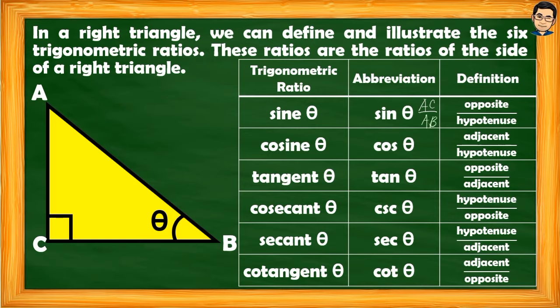Kapag sinabi nating sin theta, that is equivalent to opposite over hypotenuse. Kapag isosolve natin ang trigonometric ratio na sine, ganun lang: opposite over hypotenuse.